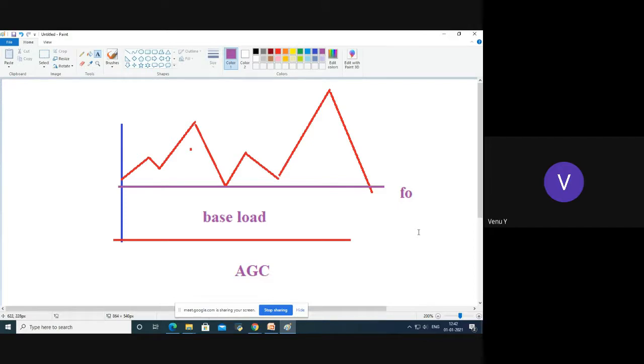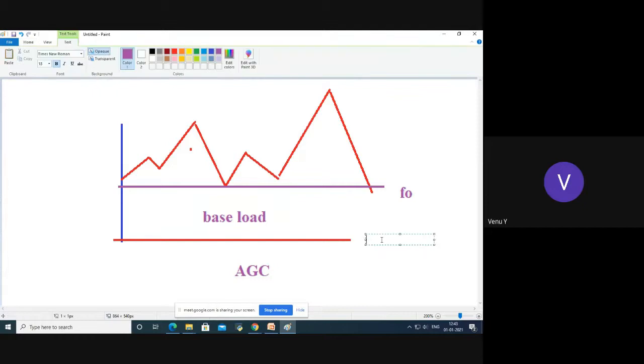Now you can understand practically. Any deviation from this point: with an increase in the load, the frequency falls down; with a decrease in the load, the frequency rises. In general, base load is present for 24 hours, and throughout 365 days.